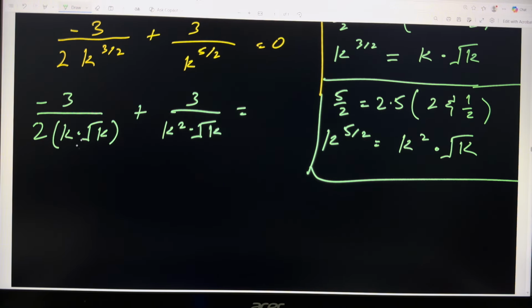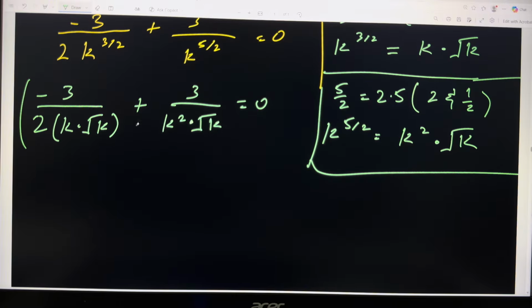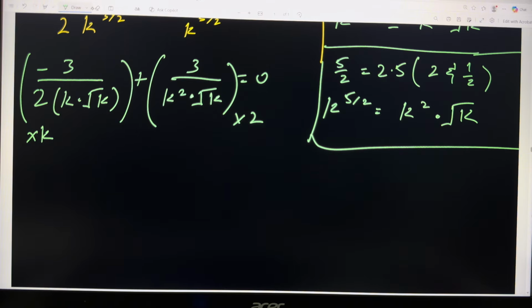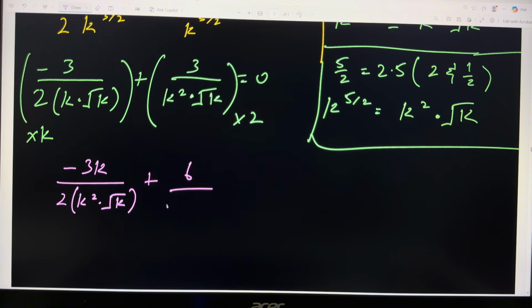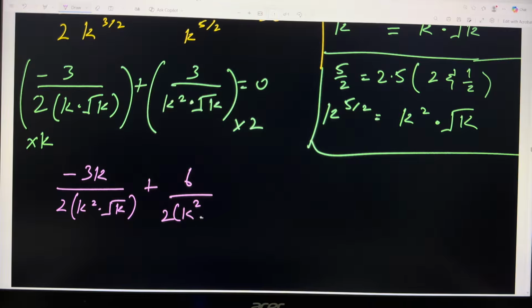The changes in denominator are that this denominator has a 2 and this denominator has one more k than this, so we can multiply all of this by k and all of this by 2. So this becomes minus 3k upon 2k squared root k, plus 6 upon 2k squared root k, is equal to 0.